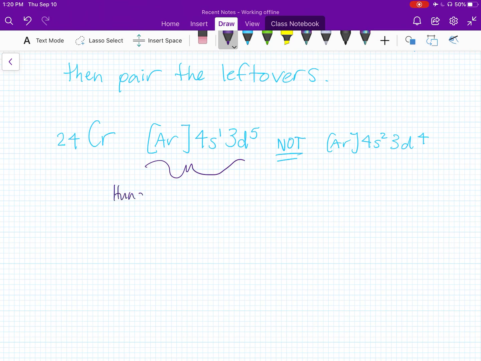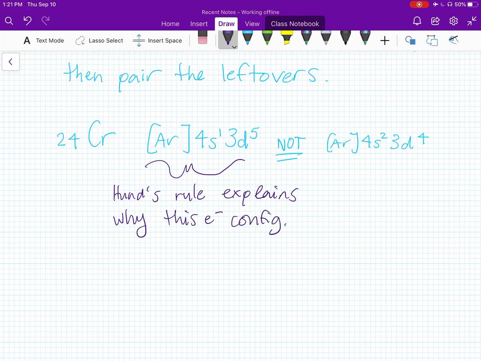Hund's rule explains why this electron configuration is the one that's observed. Let's draw the orbital diagram for chromium. Here's just the abbreviation for argon's inner shell.